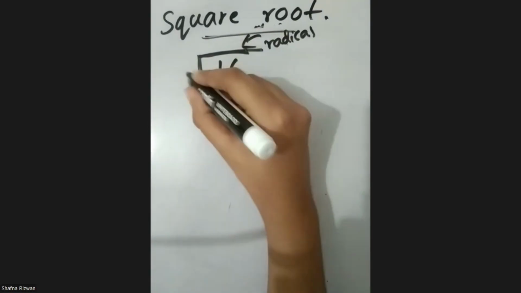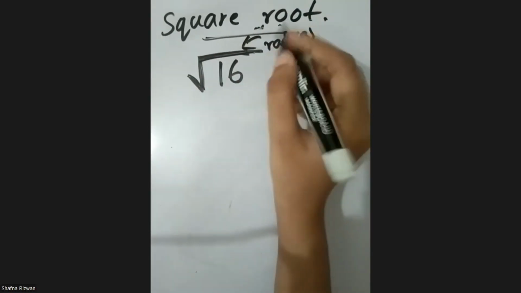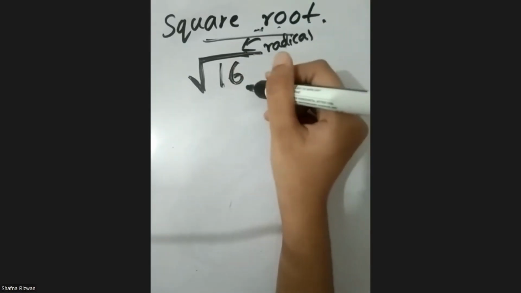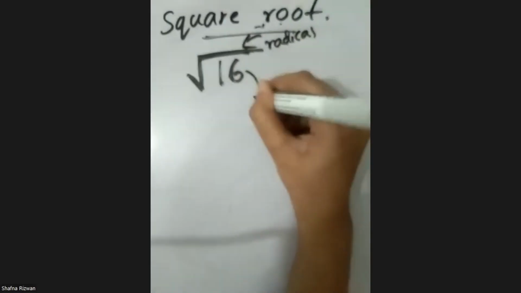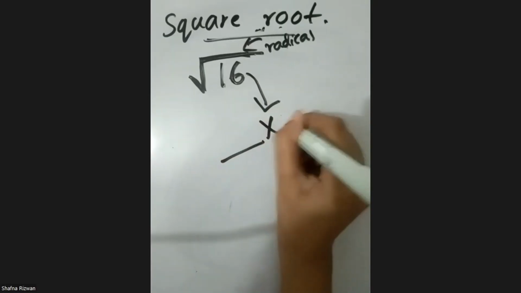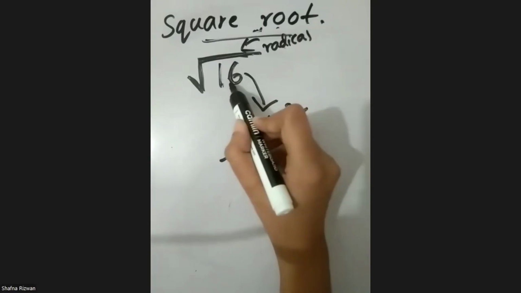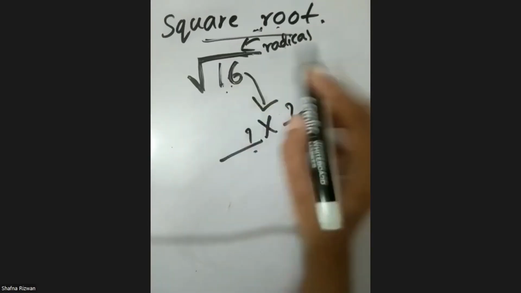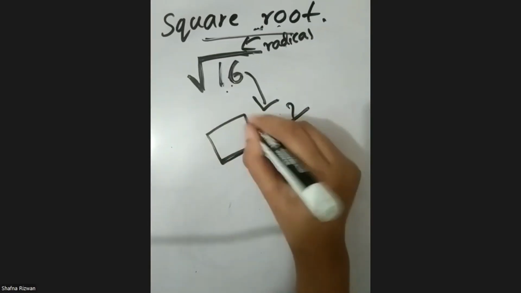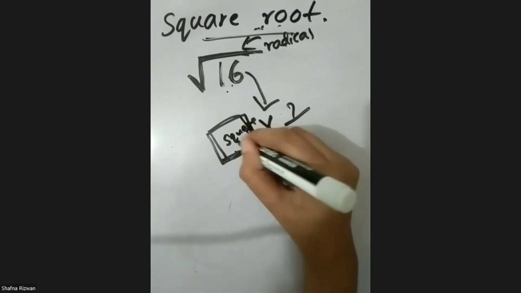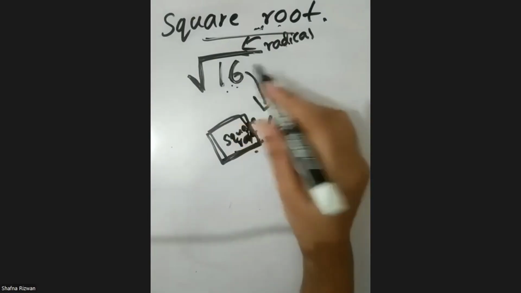I draw the symbol and write the square number here. Now I have to find the number which I multiplied to get 16. That number is your square root of 16.